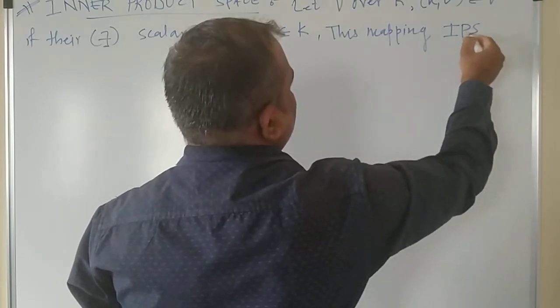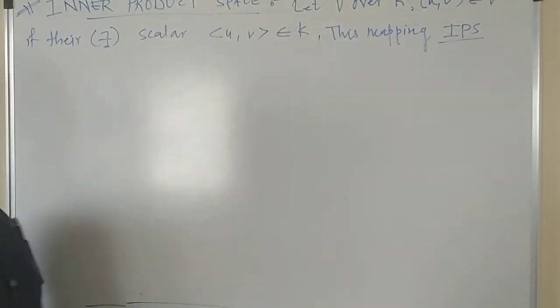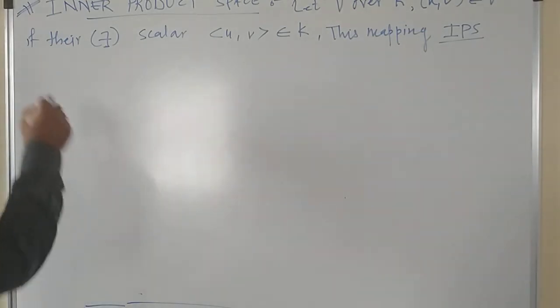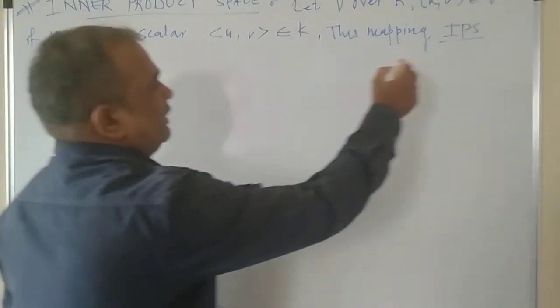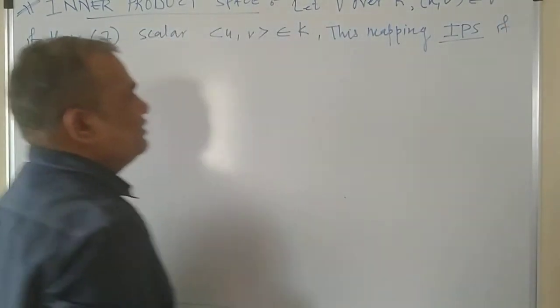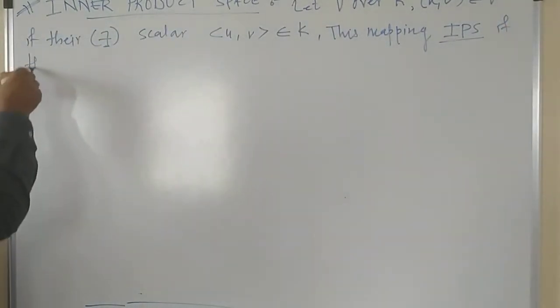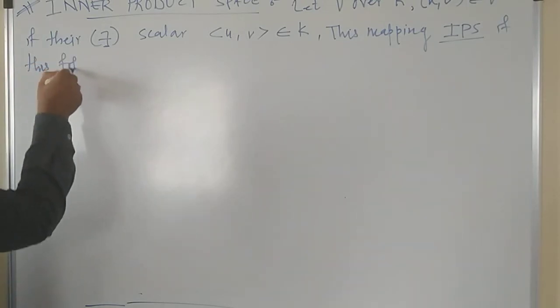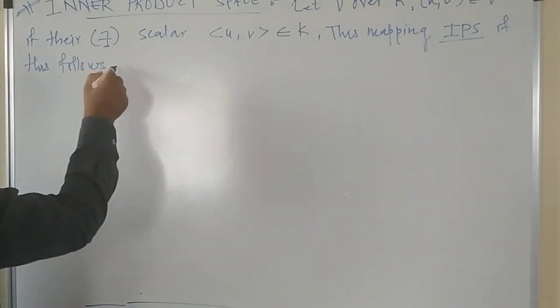This is called the inner product space of the vectors if this mapping follows some axioms.